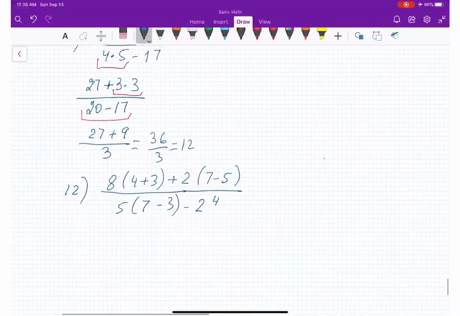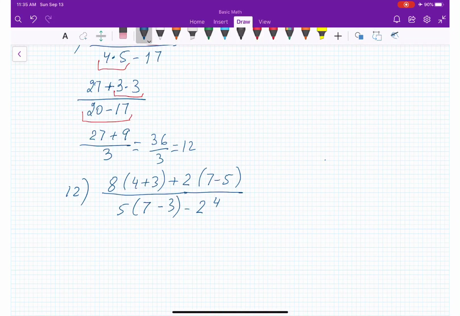Okay, let's start doing. So we have two parentheses, therefore I can do both parentheses. They don't depend on each other, so I can do it. And I can do this parenthesis here also at the same time. So 8 times 4 plus 3 is 7, plus 2 times 7 minus 5 is 2.